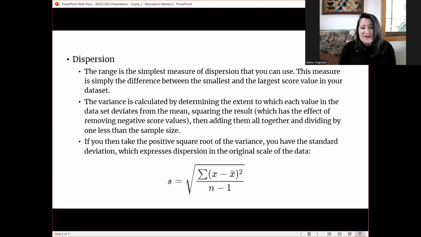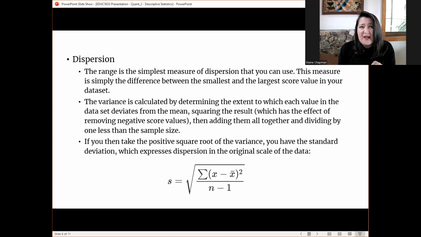If I now divide that by the number that I have, minus 1, and I'm going to come back to that in just a second, minus 1. But if I divide that by n, the number of scores that I have, what do I now wind up with?